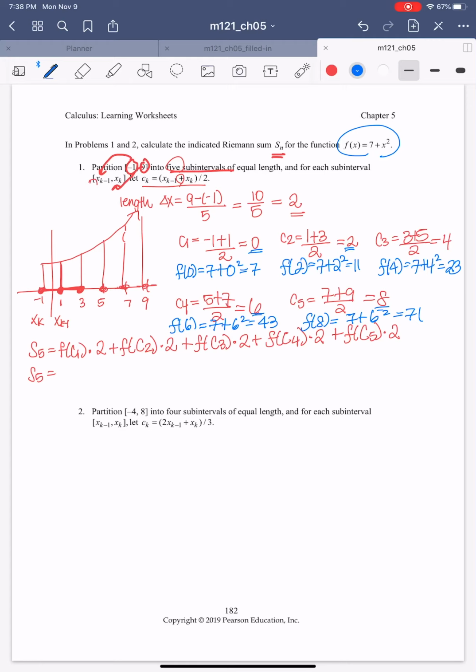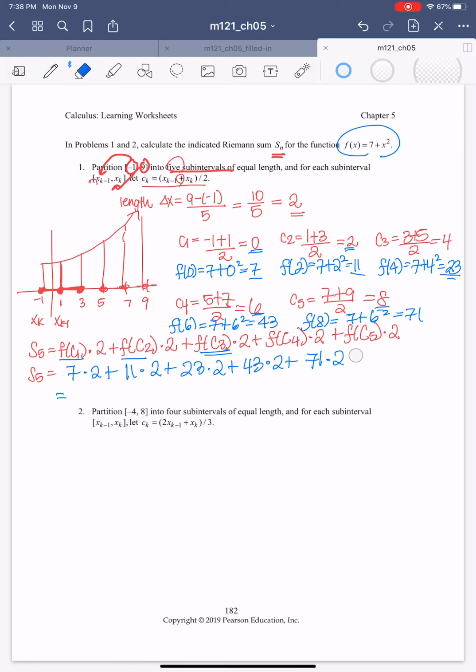And then we are going to be substituting. So this part over here is a 7, so that's a 7 times 2. This will be 11 times 2, 23 times 2. And then we have 43 times 2. And then 71 times 2.